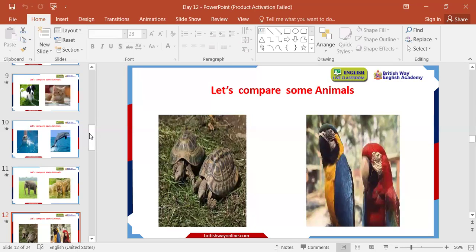The rabbit is kinder than the dog. Gorilla is stronger than... Mammoth is stronger than elephant. Spiders have more legs than ants.